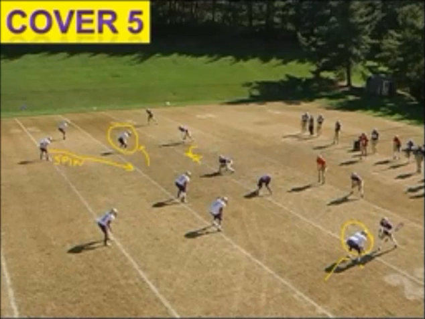So he's going to step with that outside foot, bail, and be on top of the wide receiver, but he's playing a deep third. The boundary safety right here is going to shuffle.